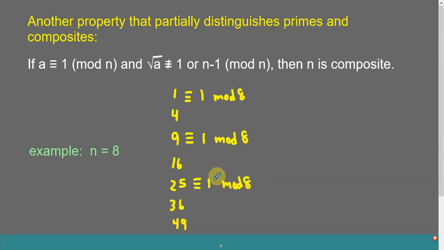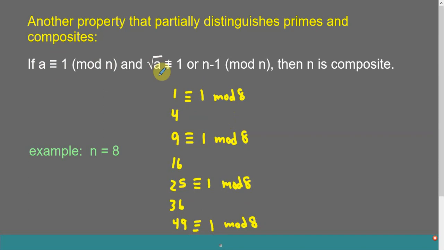Right? 8 goes into 24, so a remainder of 1. 36, no, that's 4 mod 8. And 49, yeah, that's 1 mod 8. So we actually have 4 values for a that fall into this category of being 1 mod 8.